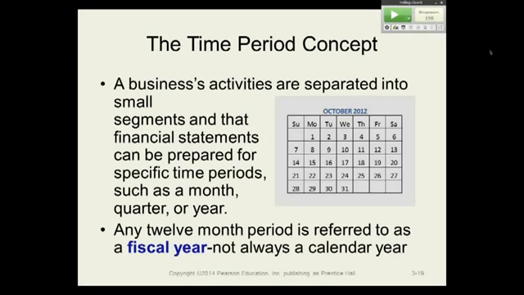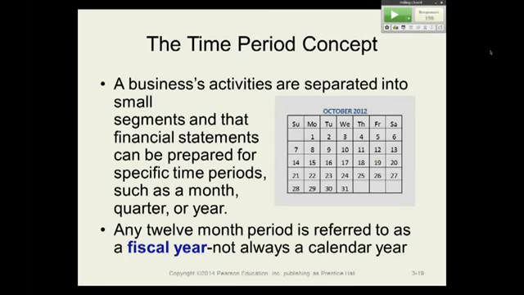The point is, the time period assumption is going to force you to split salaries up, and utility bills and the like would have to be split in order to come up with the appropriate amount. Of course, not every company has salaries in the middle of the year.